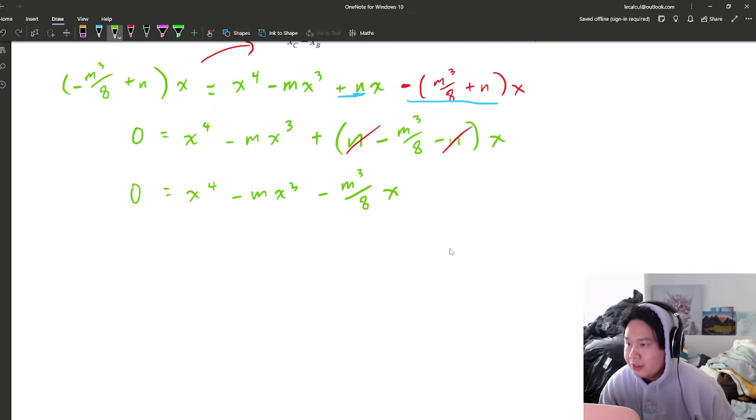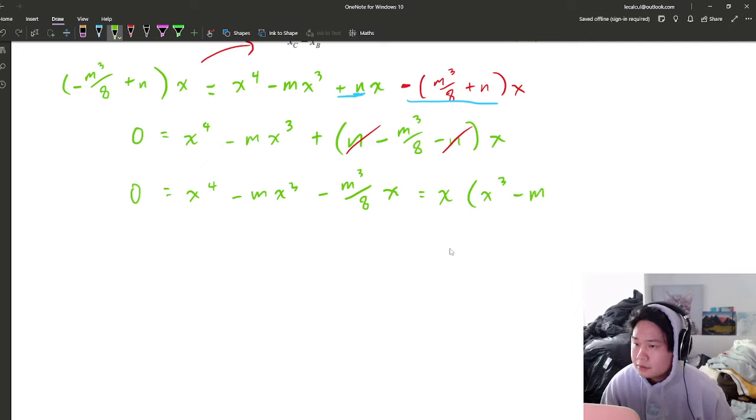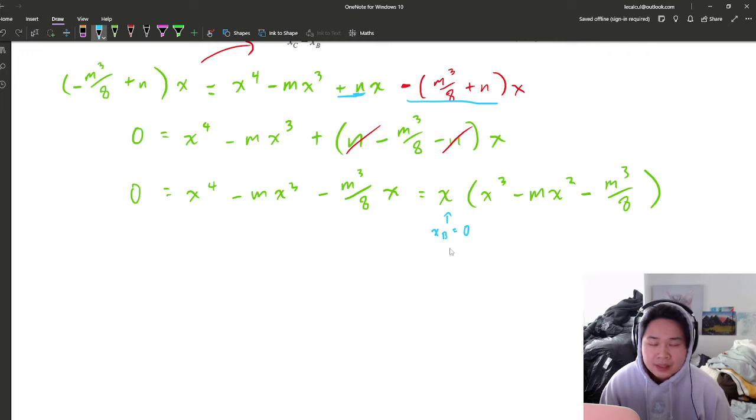First off, we're going to factor out the X. And this is xb, right? The solution to this equation. And then we also know that xc is a solution to this one. And then this was m over 2.